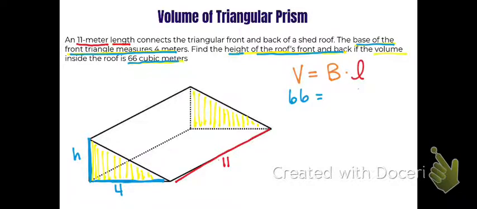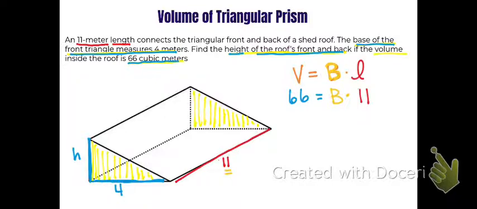The volume of this triangular prism is the area of the bases of those triangles in the front and back times the length of the shed, the distance between the two bases, this 11. So what I'm going to first do is find the area of the bases of the triangles by substituting in the volume and the length of my shed.